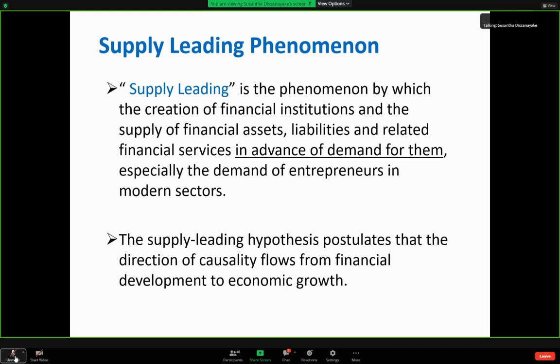So like that, new products and new services will come, introduced by the financial sector. With that, economic growth will happen. This sort of system we call the supply leading phenomenon or hypothesis.